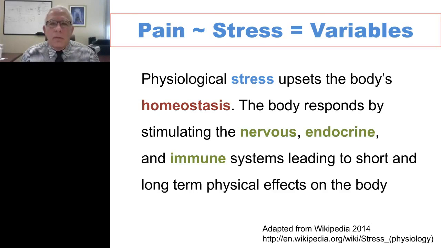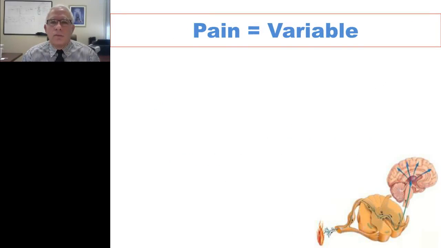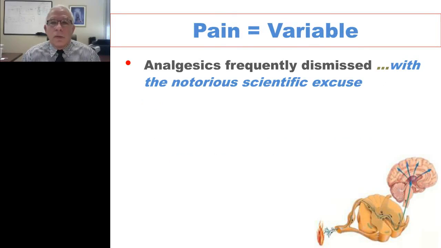And the ideal animal is one that is in a good state of homeostasis, where variables are minimized and the animal is actually a stable animal. So, again, pain is a variable.